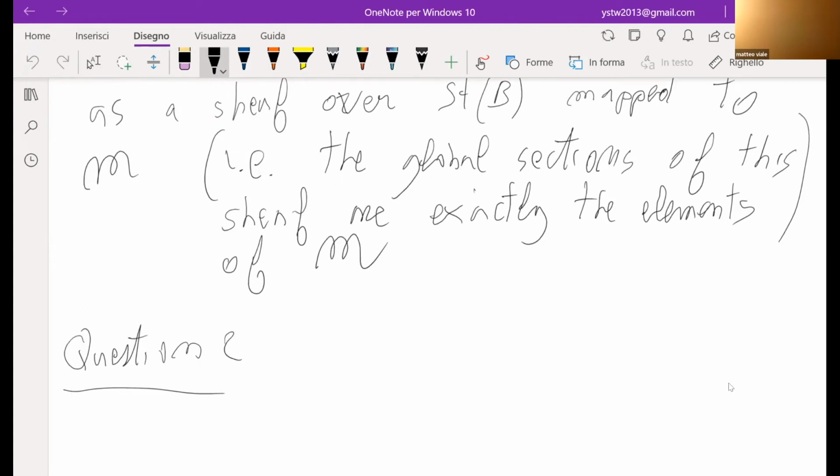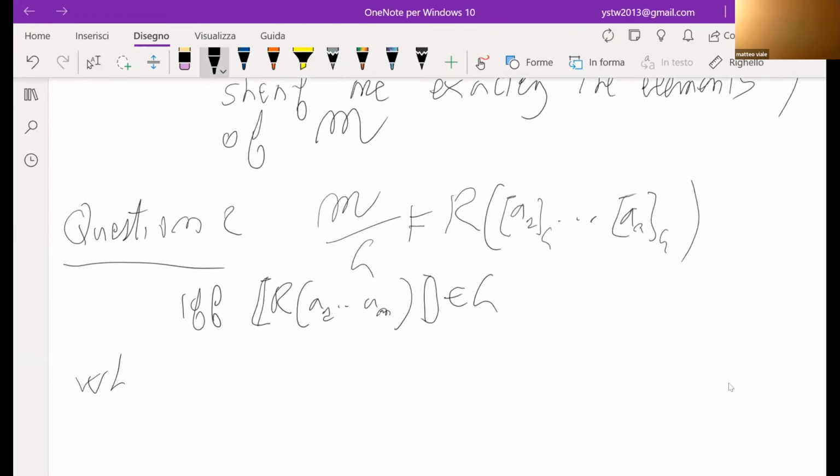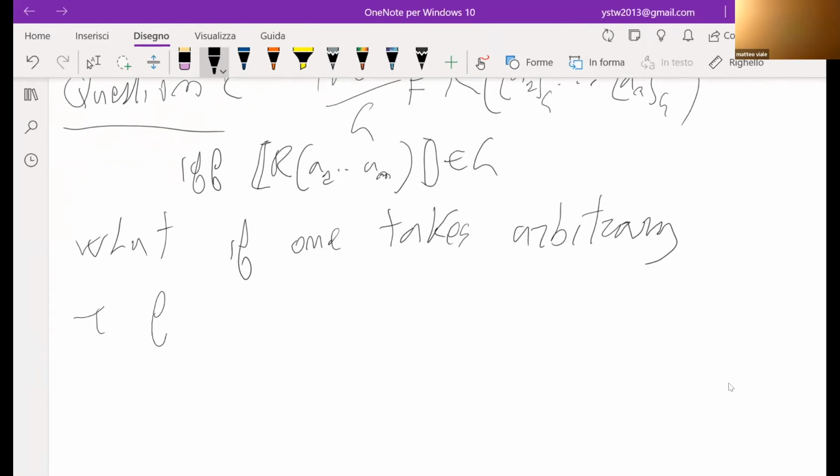So we see that if we take a quotient, we have that M mod G models R of [A1]_G, ..., [AN]_G if and only if R of A1, ..., AN belongs to G. Okay, what if one takes arbitrary tau formulae phi?